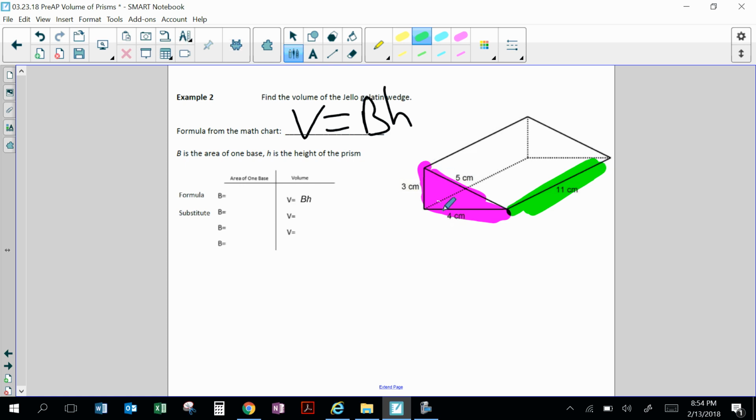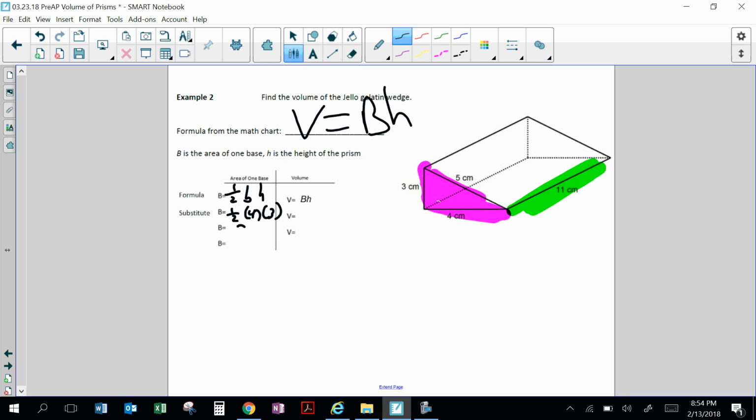So what is this shape called? What is this polygon called? What is the base polygon called? It's called a triangle. What formula should I use to find the area of a triangle? It is 1/2 BH. So let's substitute in half. The base is 4. Height is 3.